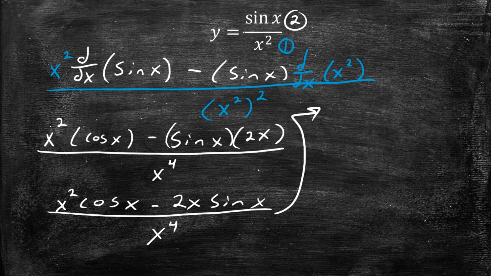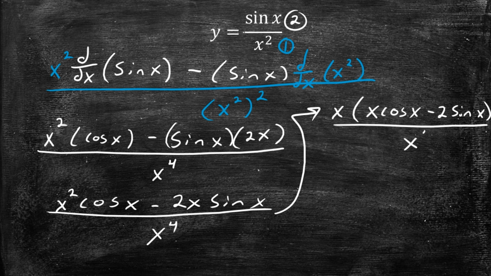What I can do here is factor out an x from the numerator. So we got x times cosine x minus 2 sine of x, all over x to the 4th.